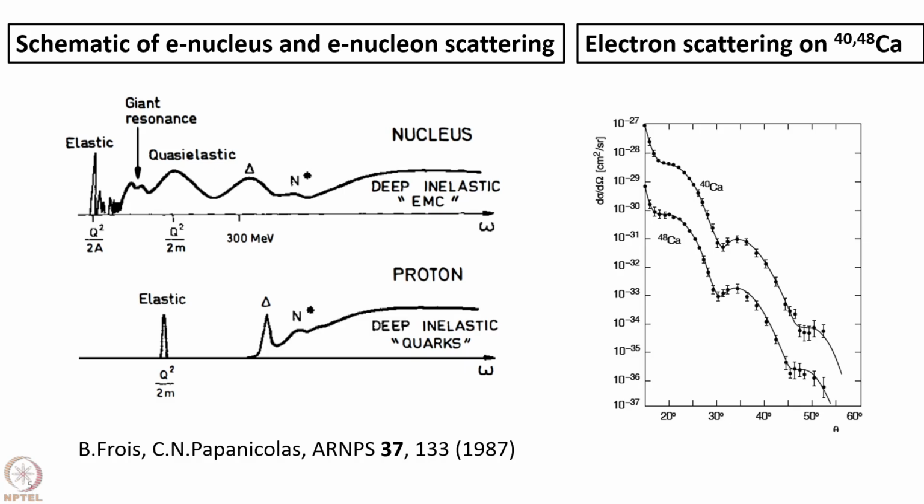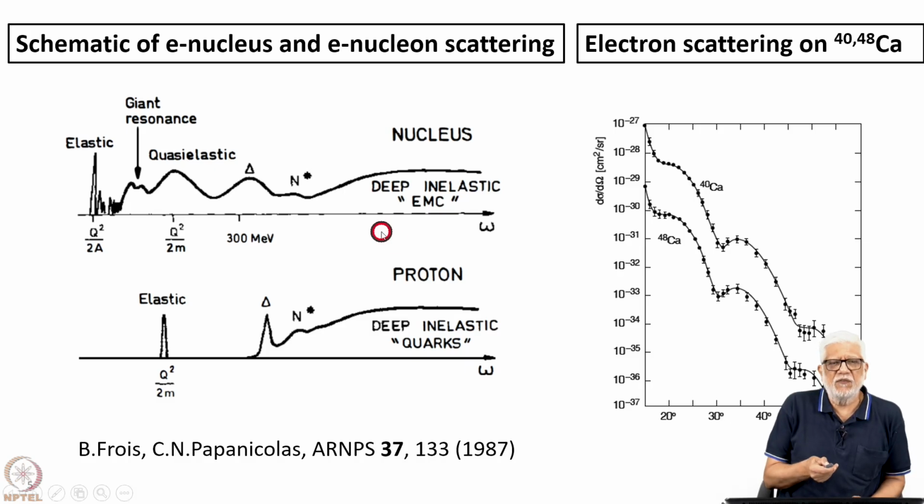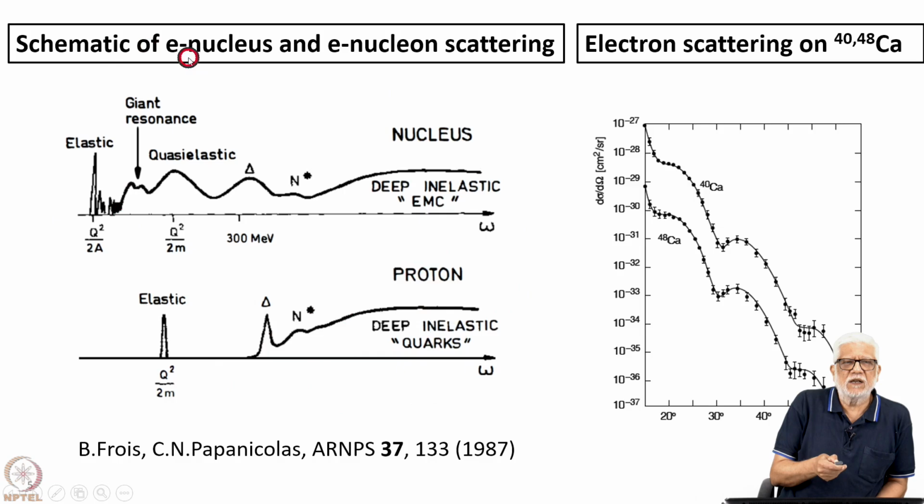Okay. Now, in electron scattering, this is the general behavior of the cross section on a nucleus and on a nucleon. Proton is an example of a nucleon. So, when you scatter an electron off the nucleus, then of course, you have an elastic peak, and then you have inelastically scattered electrons which actually excite low-lying states in the nucleus.